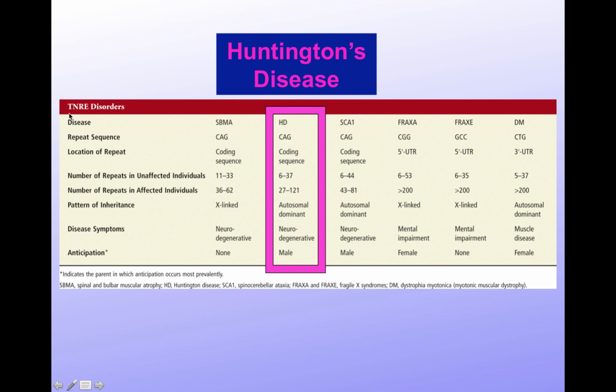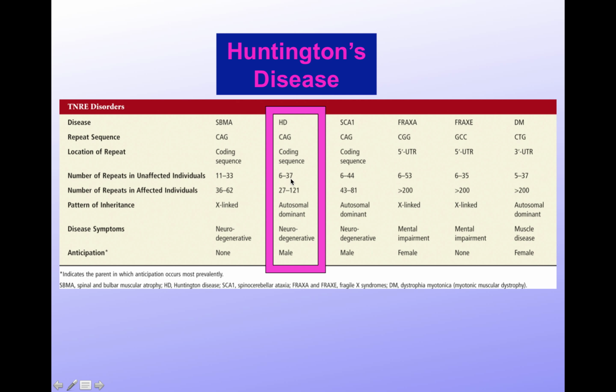There are many different types of TNRE disorders. Here's a bunch of them. We'll talk about them in a little more detail in a minute. Huntington's disease is one of them. It has the repeat sequence that I just showed you, CAG. It's in the coding sequence of a gene.